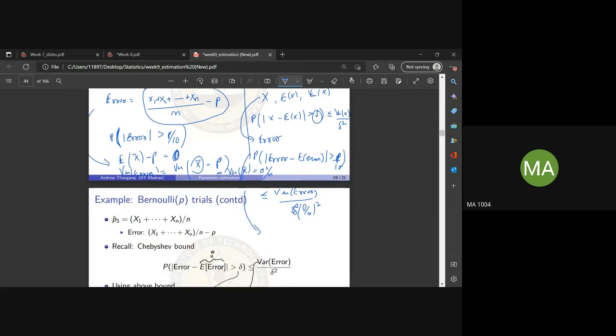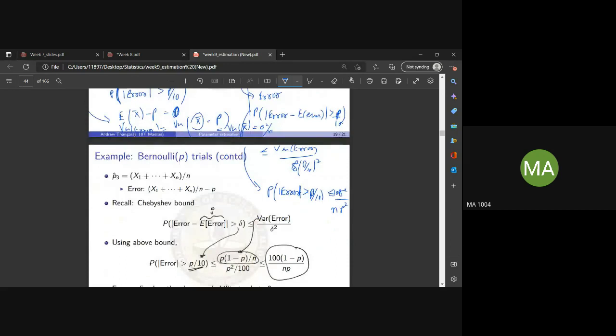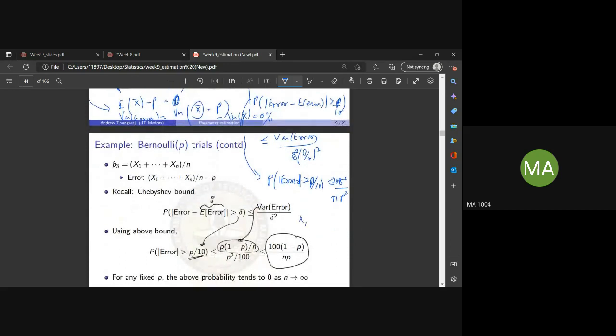Let's put these two values over here. You will get the probability that mod of error minus 0, so I can ignore this, greater than p by 10 is less than or equal to sigma square by n p square, with a 100 here. Now what is sigma square? You know that x1, x2 up to xn are IID Bernoulli p.